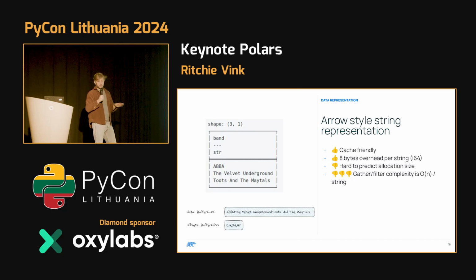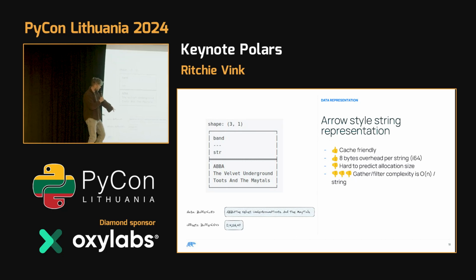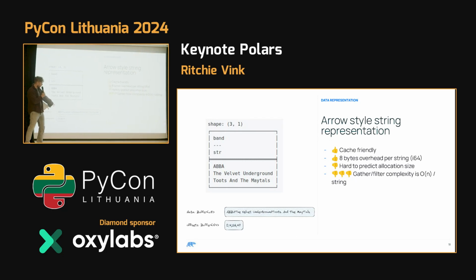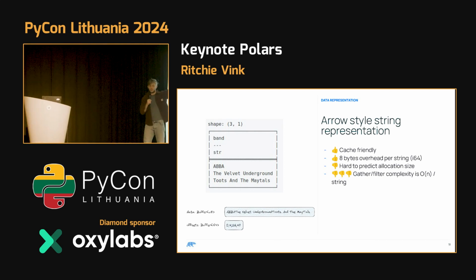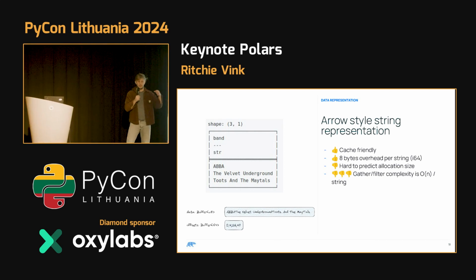There are people who have whole web pages in their string columns. Now, what if you need to do a filter on this one, or a gather, and you need to create a new string buffer from this one? Let's say ABBA was not ABBA, but a large HTML web page, so the string would be large, right? If I need to copy the string to a new buffer, I need to copy the whole string.